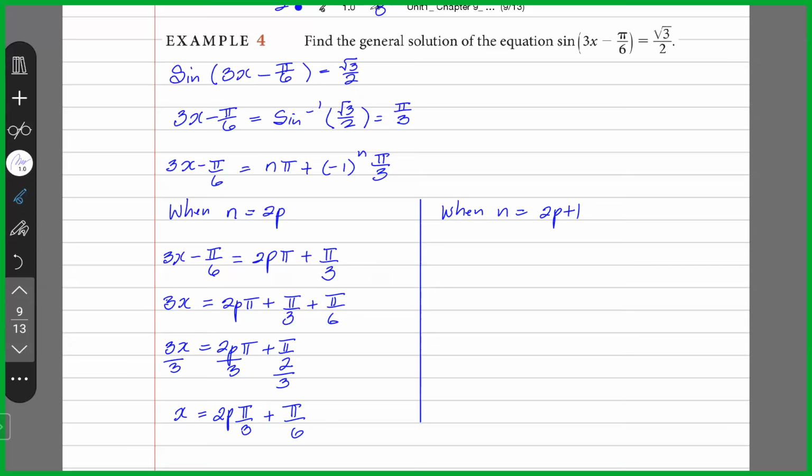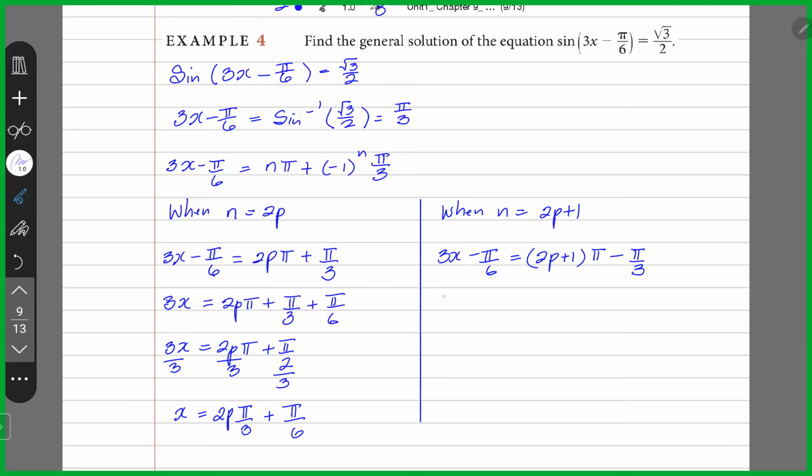If p is an integer, 2p plus 1 is odd. If n is odd, the sign of pi by 3 is going to come out negative. So we're going to have 3x minus pi by 6 is equal to 2p plus 1 pi minus pi by 3, because when n is odd, pi by 3 is going to come out negative.